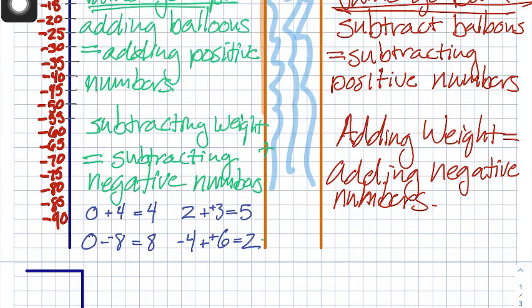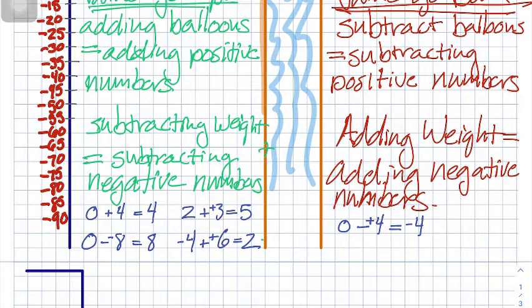So if I go over here and I start at 0 and I subtract positive 4, that is going to make me go down from 0, go down to negative 4.